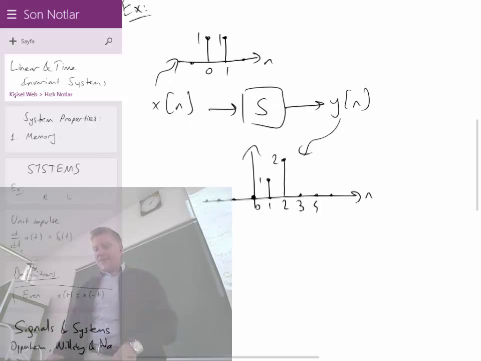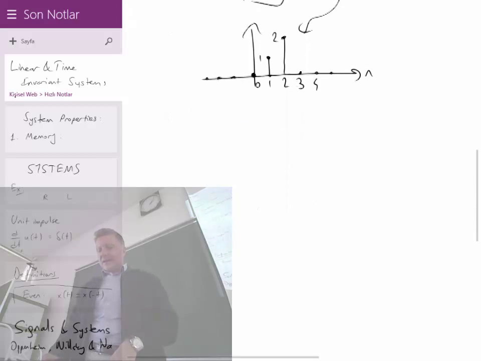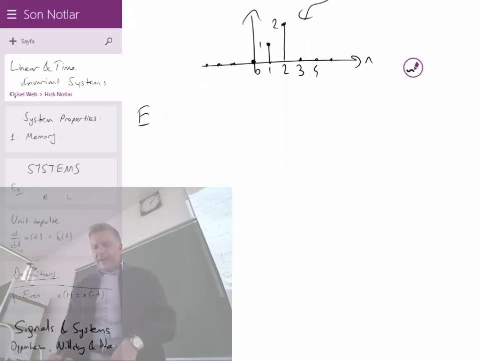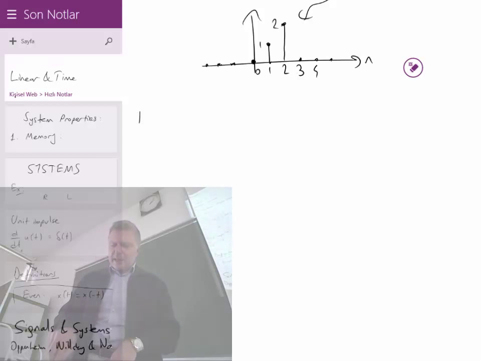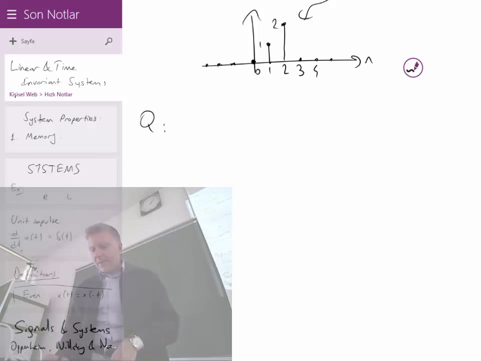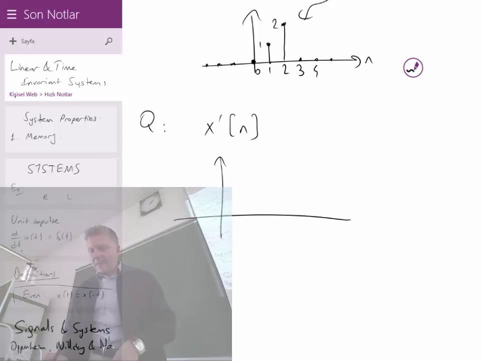Now, if you make this black box experiment, can you solve this question? It's not an example, sorry, it's a question now. Suppose you have an x prime of n, a new signal, which is, at 0 it is 1, at 1 it is 2, and at 2 it's again 1.